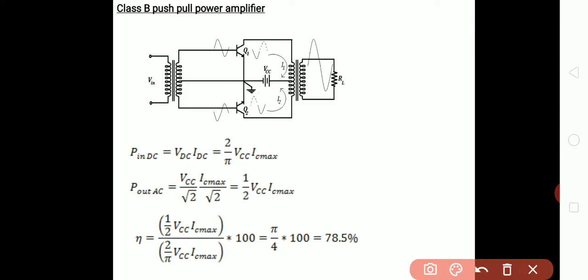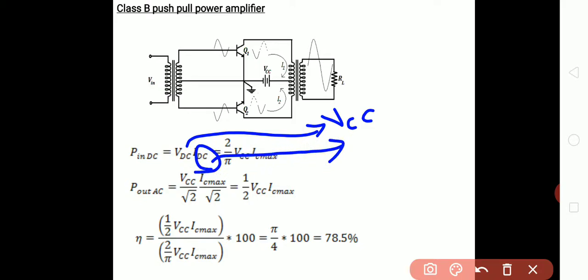And now coming to the DC power delivered by the power supply, which is given as VDC into IDC as usual, and this VDC is our power supply VCC. Now coming to the value of IDC, from 0 to pi the power supply drives a positive current, and according to the direction of this current, the negative cycle is inverted back so that it is again converted into a positive cycle.